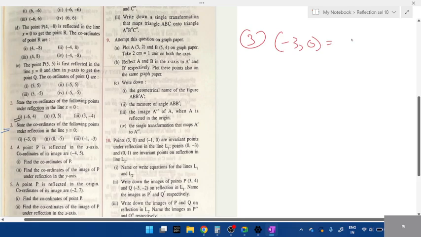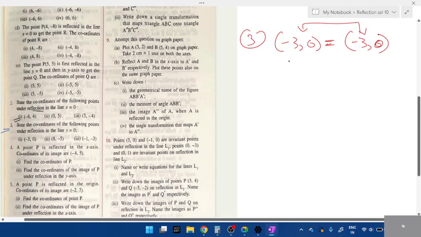What's the answer for this? If y is equal to 0, which value will change? Only the y value, right? They'll ask you one more question. Is the value changed or does it remain the same? Remains. What kind of reflection is this? Invariant or invariable?